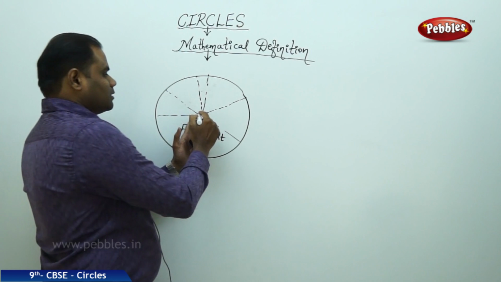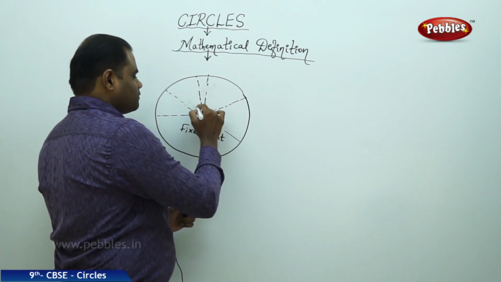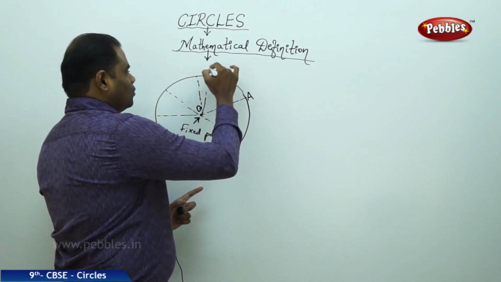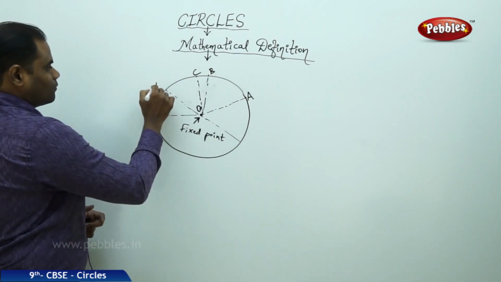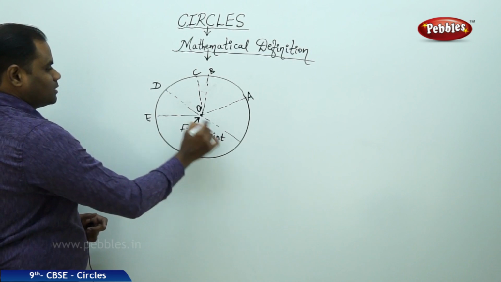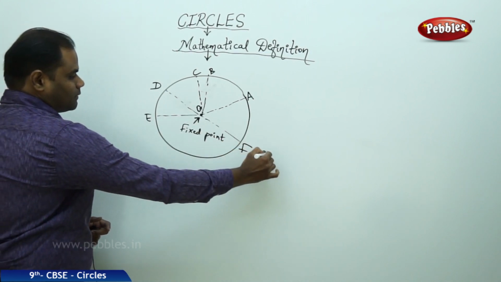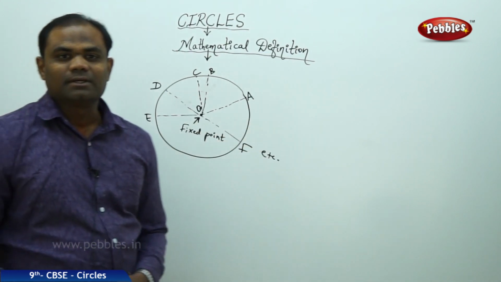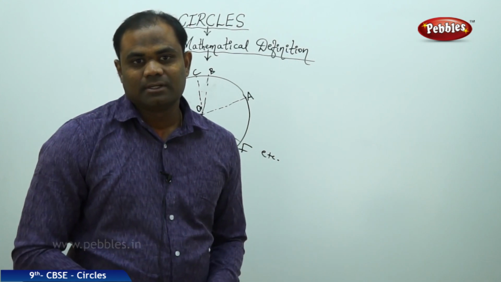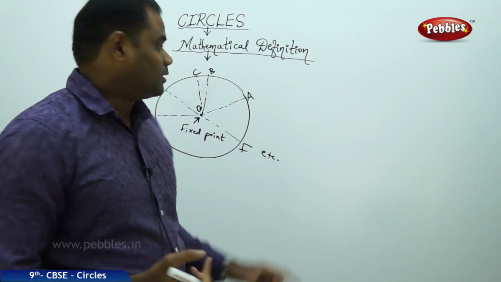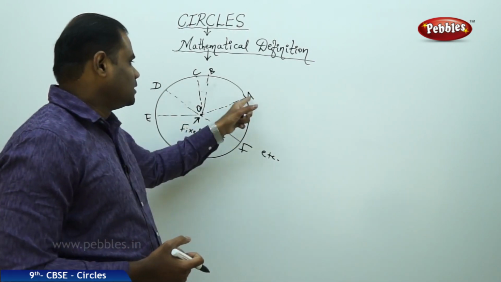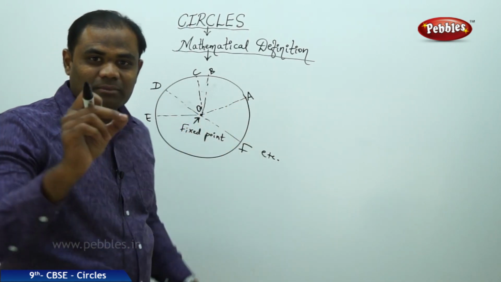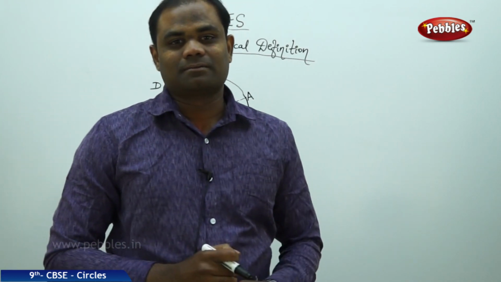Taken with the ruler, the measuring of the distance from O to A, O to B, O to C, O to D, O to E and F, etc. gives me the same distance. The distance will not differ at any corner of the point taken on the circle and measured with the distance from the fixed point in the center.